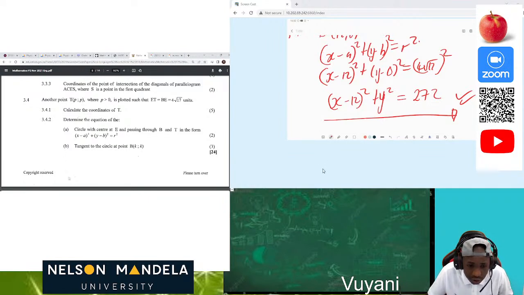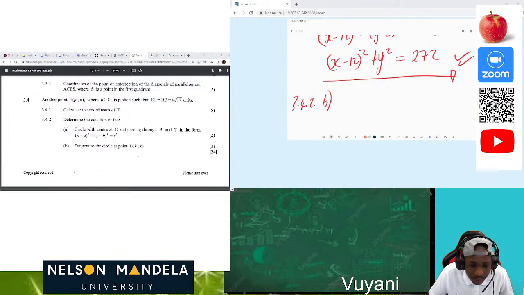All right. So what do we know about the tangent to the circle now? We know that the gradient, which is BE, is the radius now, since we are not dealing with the circle. So the gradient of the radius will be equal to 1 over 4.